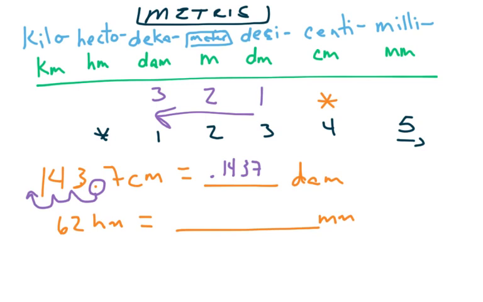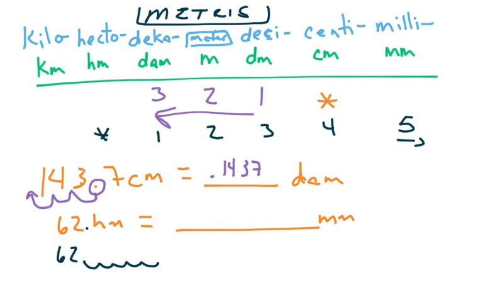Now, where is my decimal point in the number 62? If the number doesn't have a decimal, there's always a decimal point at the end. So that's where I move my decimal point 5 spots to the right. If I rewrite it down here, it's 62, and there's my decimal point, and I move it 1, 2, 3, 4, 5 spots to the right. Now, that made an empty egg carton with all those gaps.